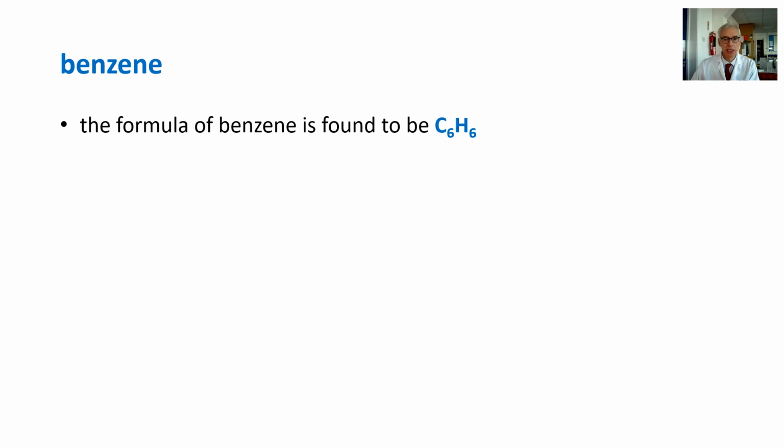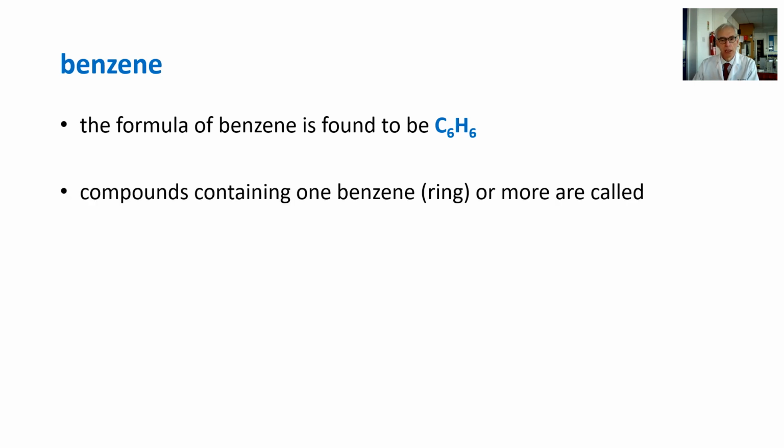So benzene is a molecule with the formula C6H6. And where does the word aromatic come from? Well, any compound containing one benzene structure, or as we will see, one benzene ring or more, is called an aromatic.